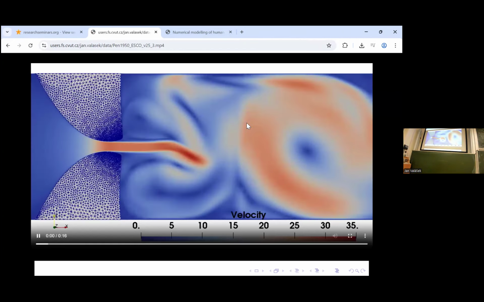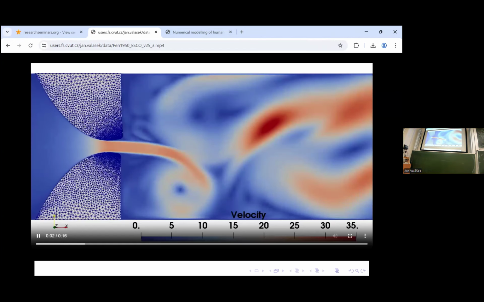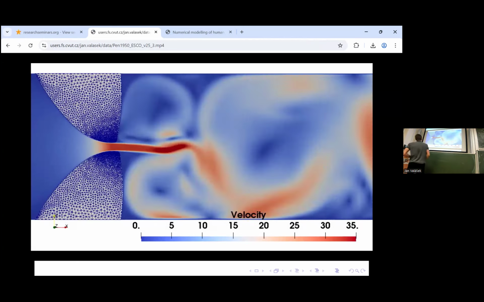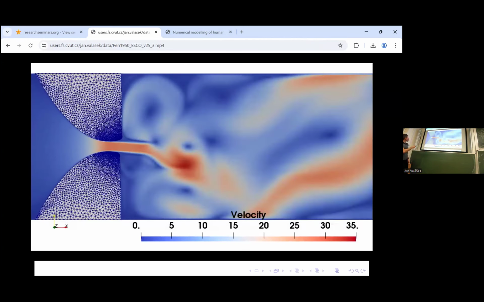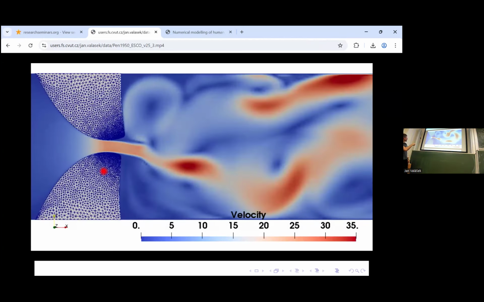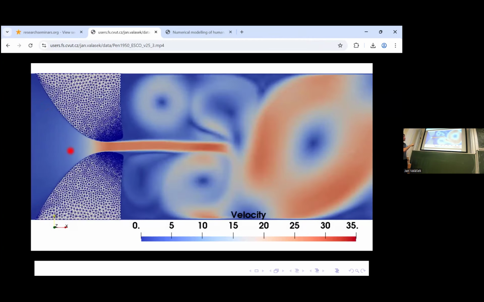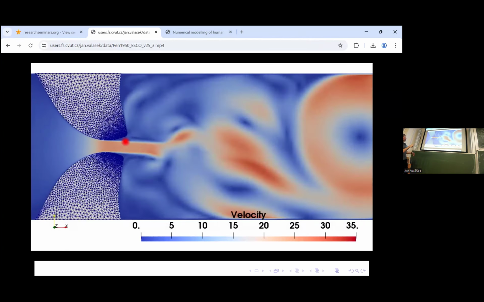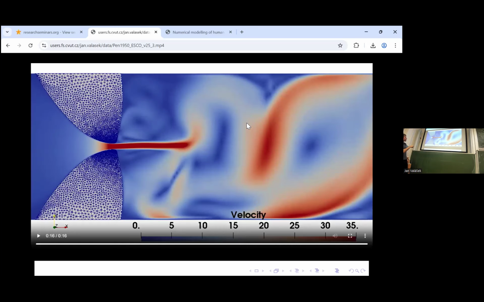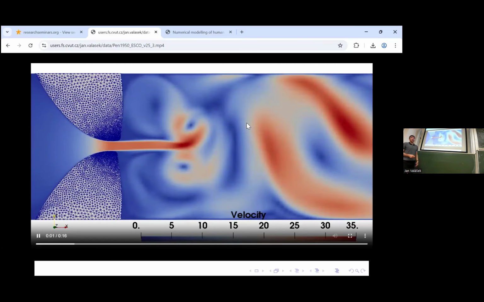So this is the computation with these vocal folds, where there is some prescribed inlet velocity by this penalization boundary condition, and as you see, these vocal folds start to vibrate, and this vibration is exponentially increasing.